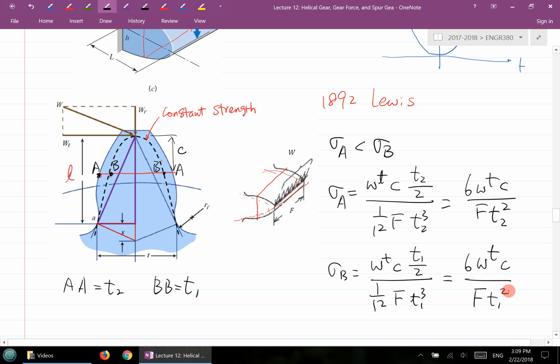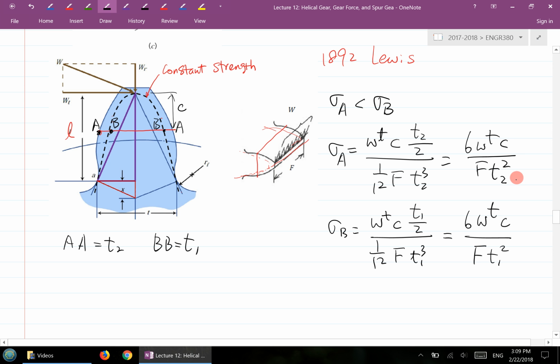That's the normal stress at sigma A and sigma B. You can see T2 is greater than T1, which means sigma A is less than sigma B.